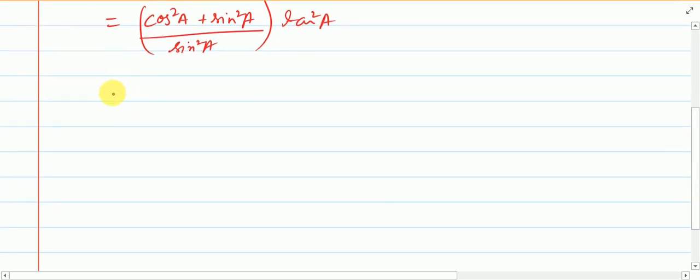Then you know that cos square a plus sin square a will be 1, because sin square theta plus cos square theta is equal to 1. Okay, now in place of this theta you can put any letter. Okay, but these two have to be same.